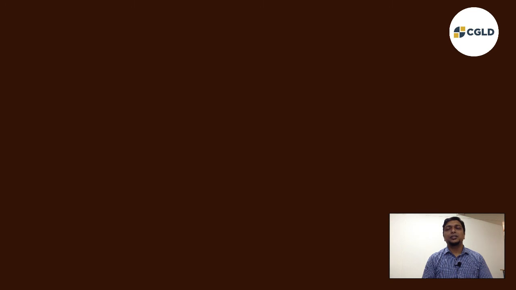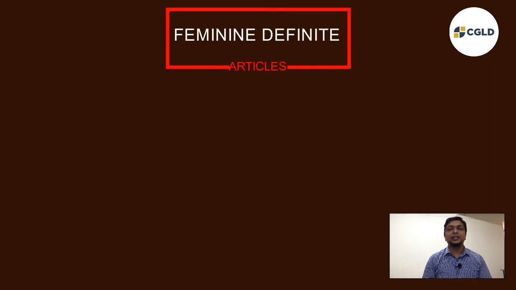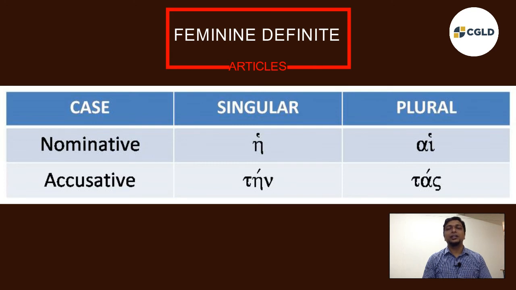Let me go through the feminine definite articles. We have gone through the masculine and the neuter, and we know how to use them. So when we work with the translation of the 5th chapter with the feminine definite articles, I am sure that we'll be able to use it as well. Nominative singular, he. Nominative plural, hai.